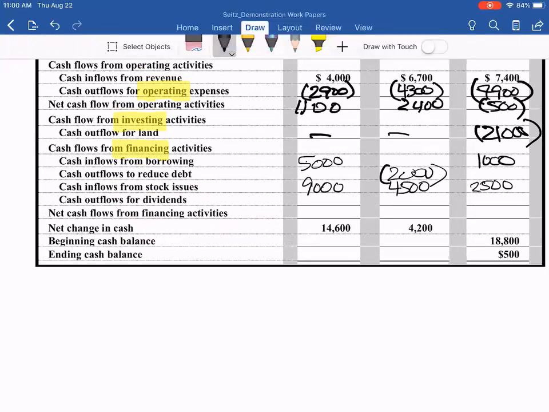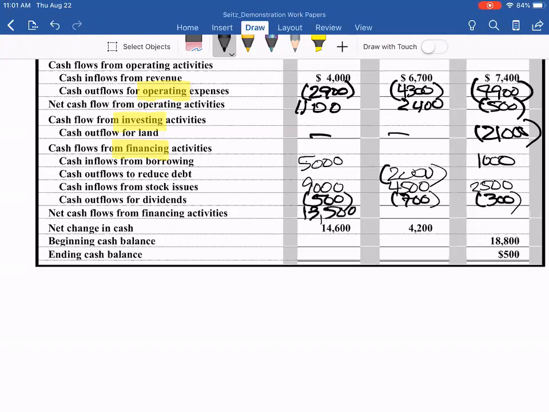And then outflows for dividends. Every year I paid dividends, so that's cash out in the particular year. All right, net cash flows from financing activities. So 5,000 plus 9,000 less 500 is 13,500.